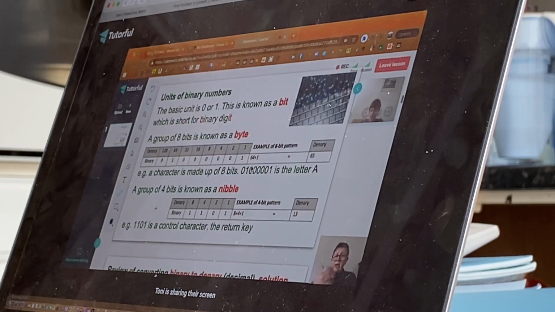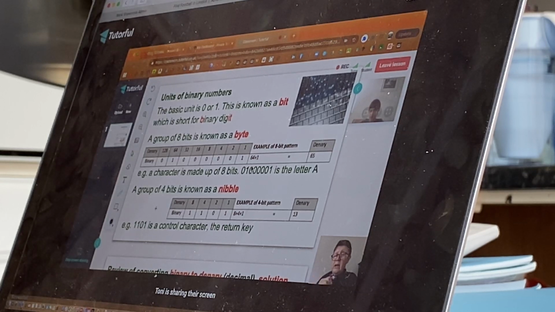So this is just looking back at what we did before. If you remember, when we convert decimal to binary or binary to decimal, we need to draw that grid of 1, 2, 4, 8, 16, 32, 64, 128 so that we can see which switches are on and which switches are off. In this case, 64 is on and 1 is on, so it's 64 plus 1, which makes 65. Good.